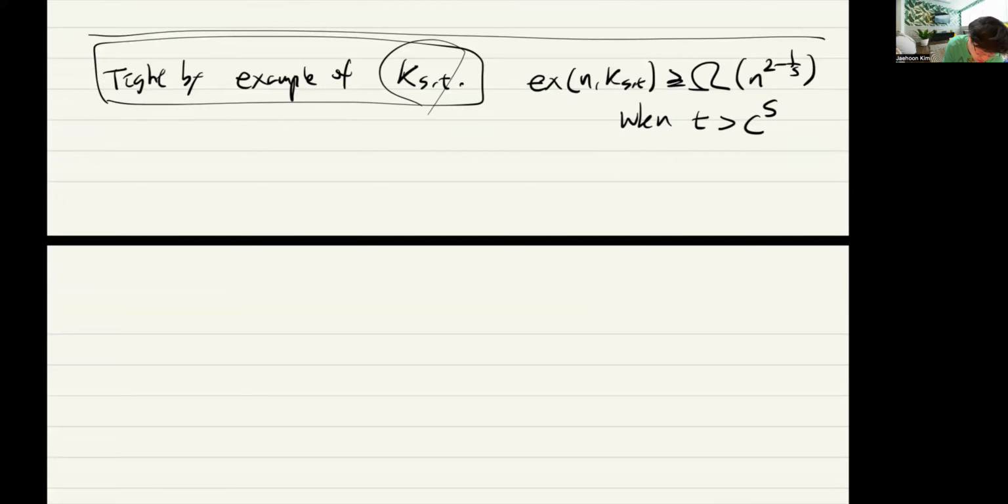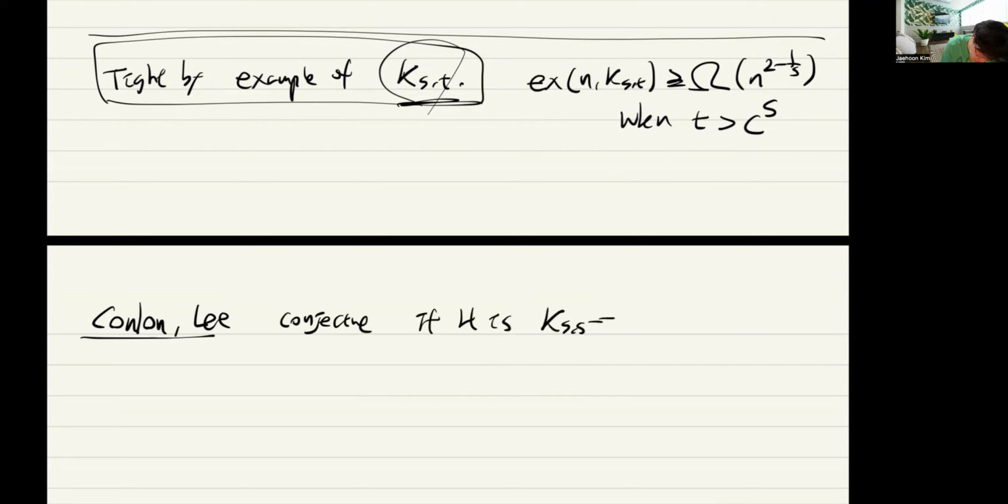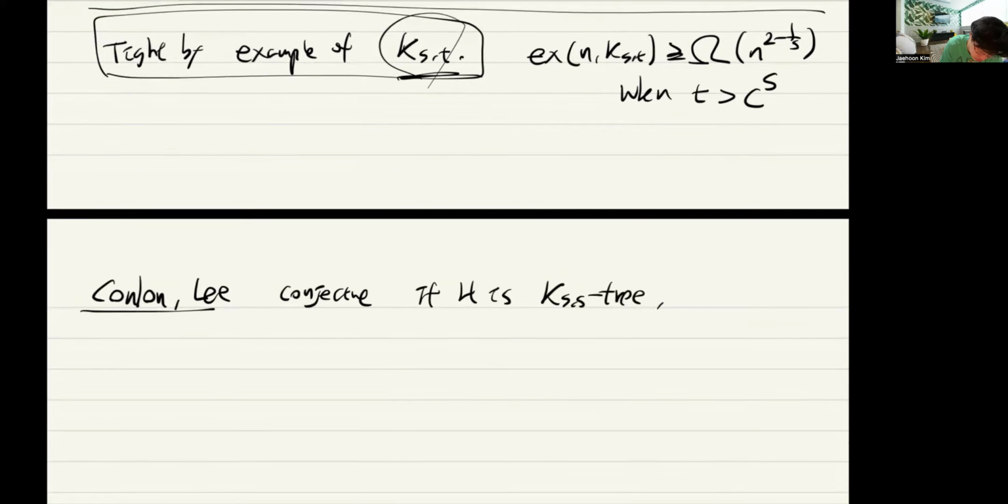But what if we exclude this? Indeed, Erdős and Simonovits conjecture that if H is K_{s,s}-free, so if it doesn't contain K_{s,s}, then this might be little o of n to the 2 minus 1 over s.